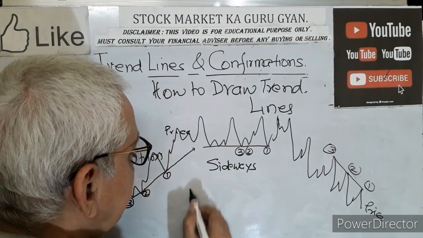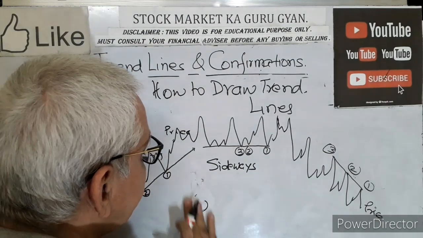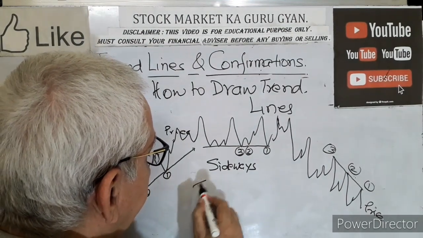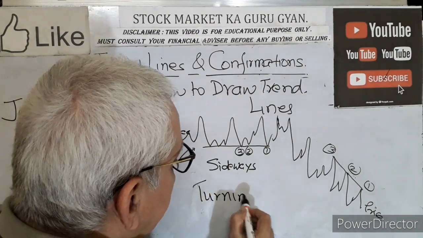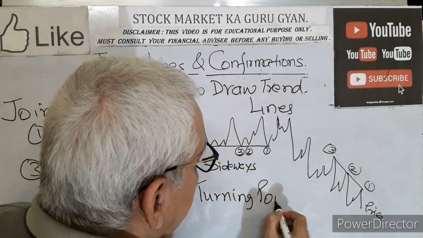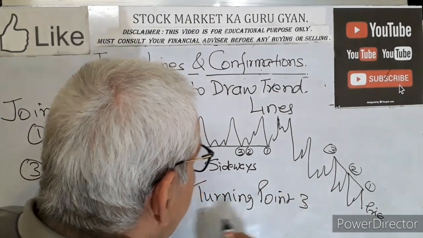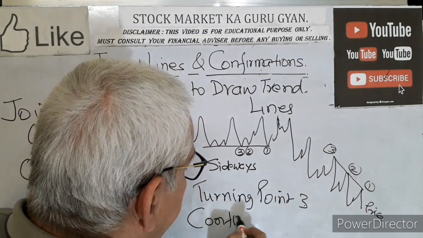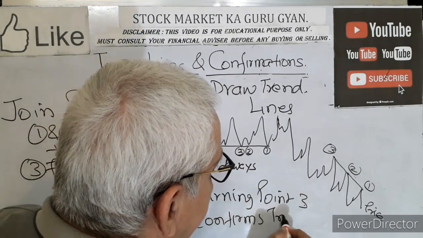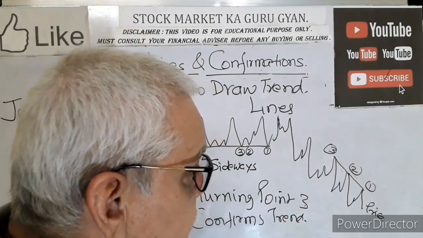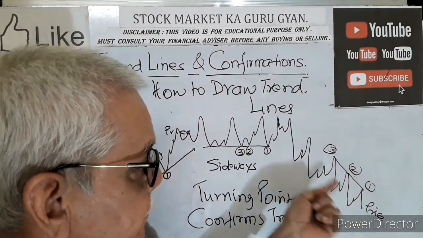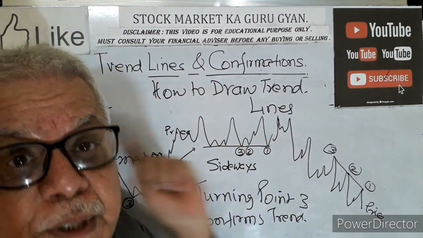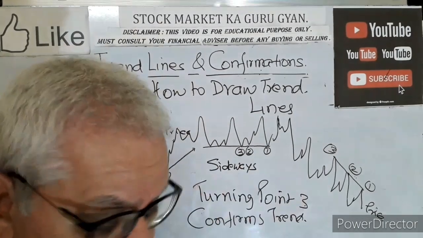So turning point 3 confirms the trend. So the minimum has to be 2, the maximum has to be 3. Are we together on this?